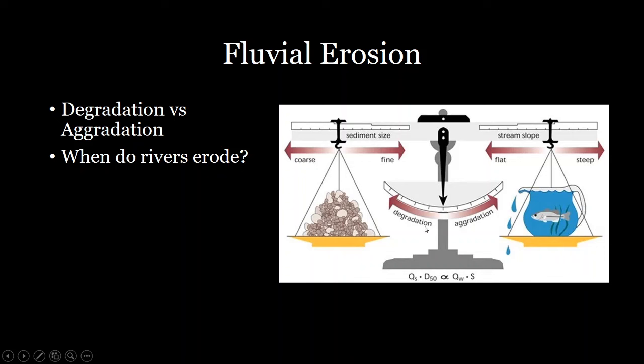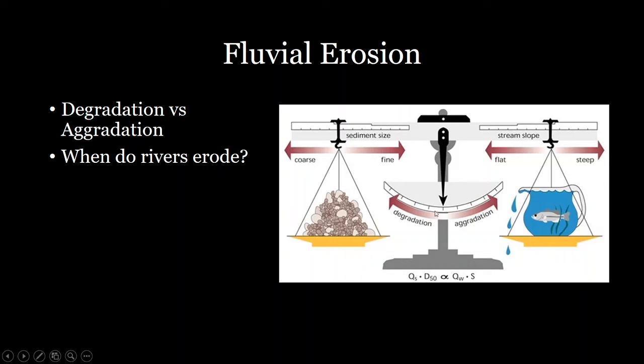So the two different factors that really have the most significant impact are the sediment grain size as well as the stream slope. So if we look at this diagram, we see that as you get larger particles, more coarse grained, then that river has a harder time transporting those coarser grains.